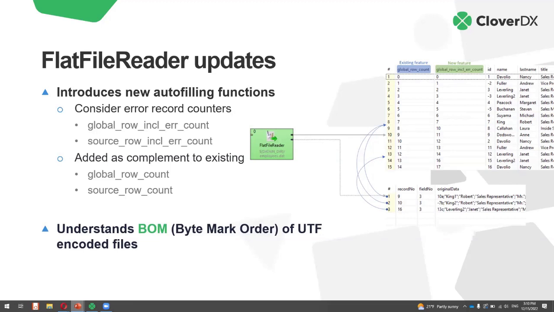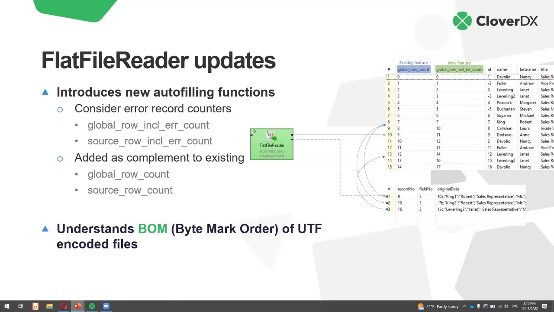So the existing behavior, which is currently in 5.16, is that the global row count and source row count basically increment by 1 only for successfully parsed records, which may be a problem when you have actually failing records, records which failed to parse from a file, because you don't know if any of them failed and in which place.